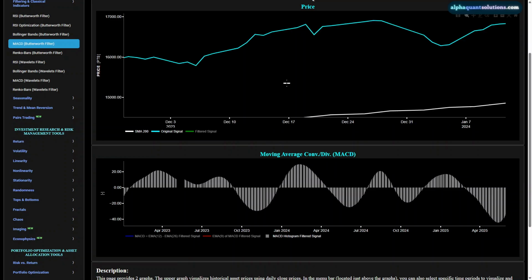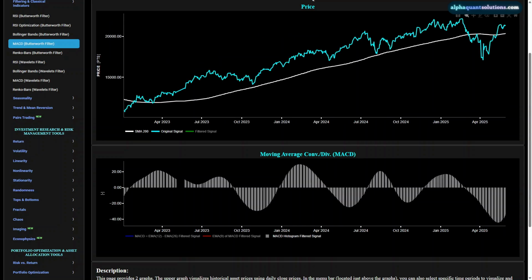And if we zoom in, we will get approximately a 16,900 value for the Nasdaq. So that's the entry level of the Nasdaq for that trade. And then we said the exit was quite simple.